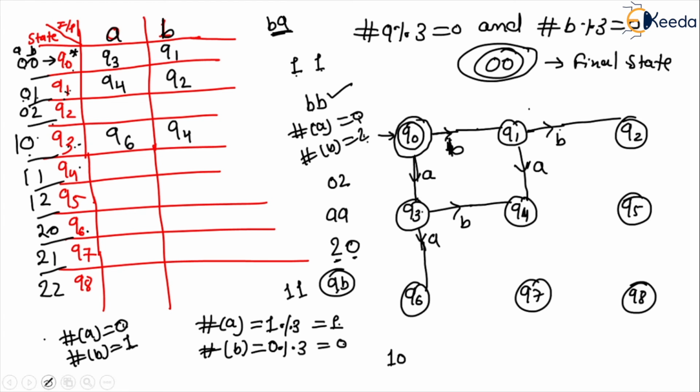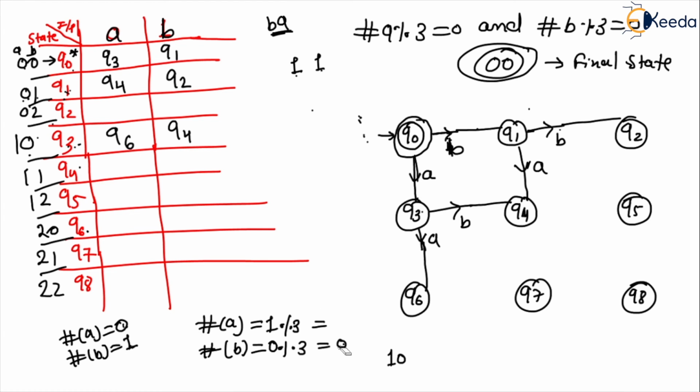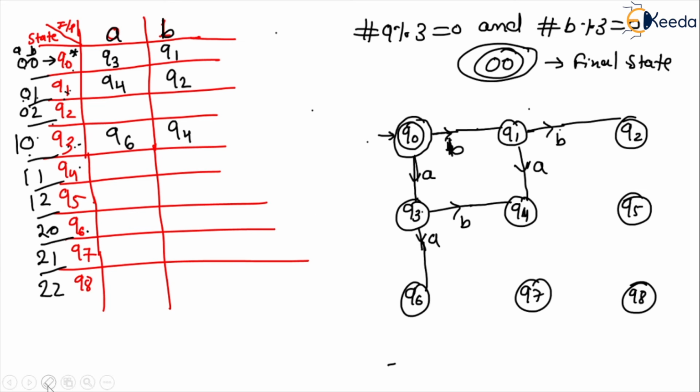Now just see what happens for the Q2 state. Just clean the screen. You can write down every point. Now when we apply the input A on Q2 state, what is the complete string up to Q2? From the initial state, B, B, and you apply A. So the complete string is B, B, A. In this string, the number of A's is 1.